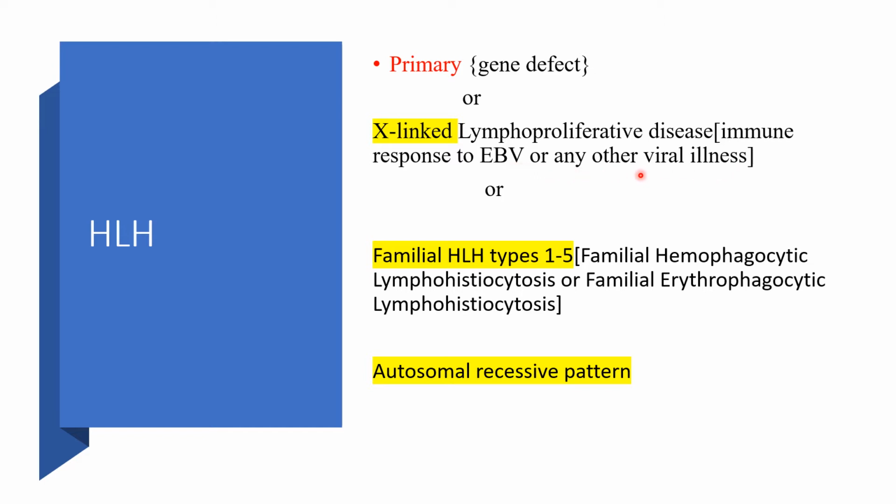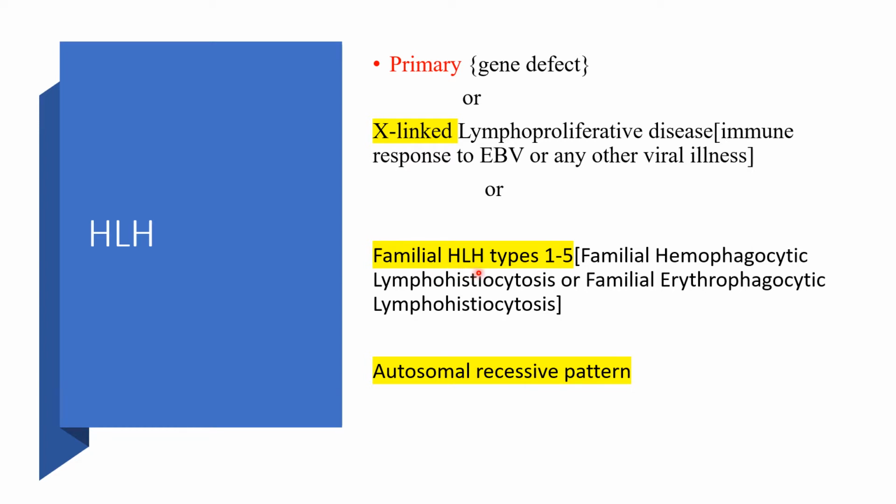And you know the route through which X-linked is inherited, right? A female with one defective X chromosome will not show the disease, but can pass it on to her son.